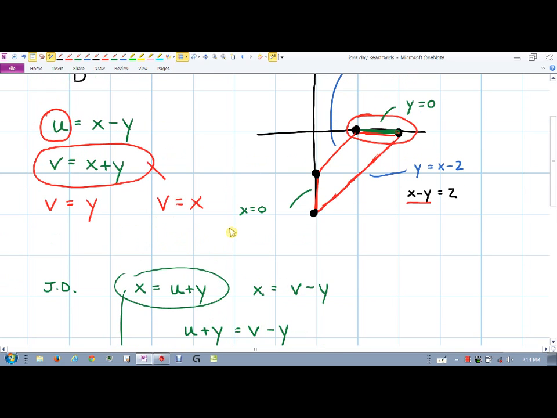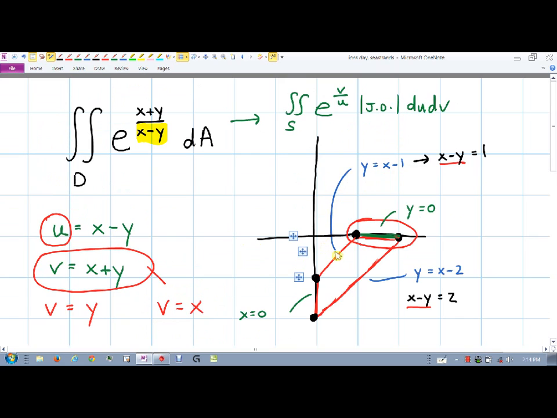It might help if we look at this line right here, okay? Look, we said y is equal to x minus 1, right? That was just the slope, and we figured out what it was. Then we switched it over. We said x minus y is 1. So along this line, if x minus y is u, then this equation always has to hold to be 1, right?